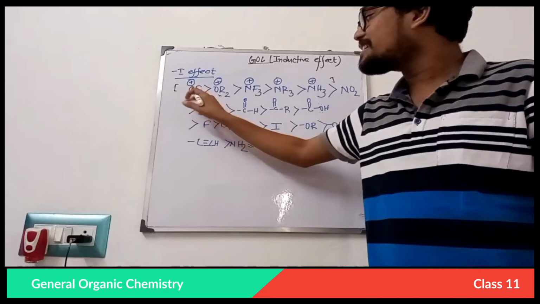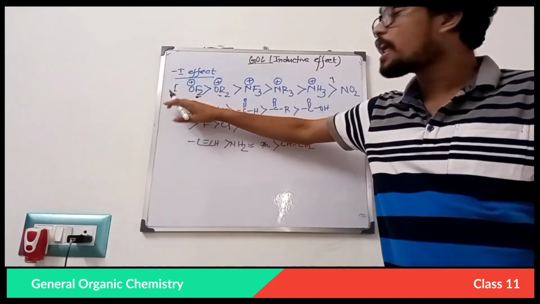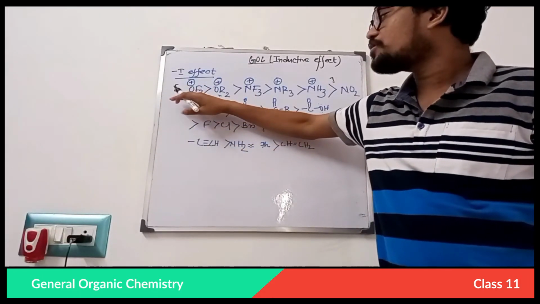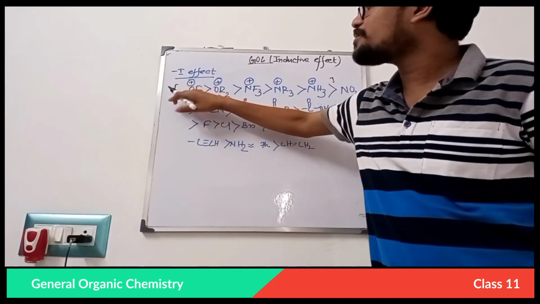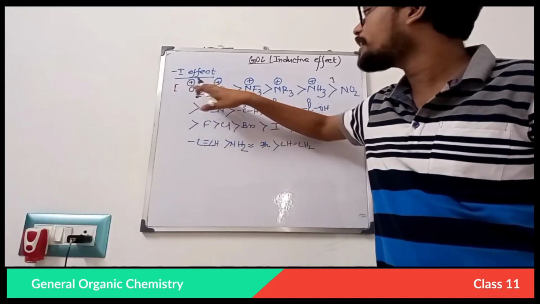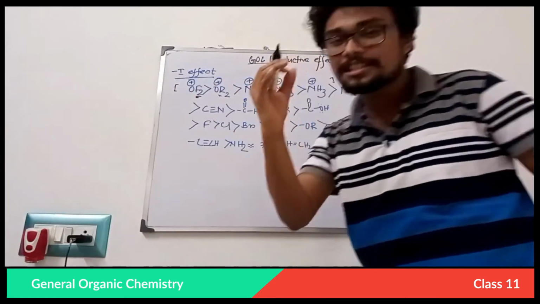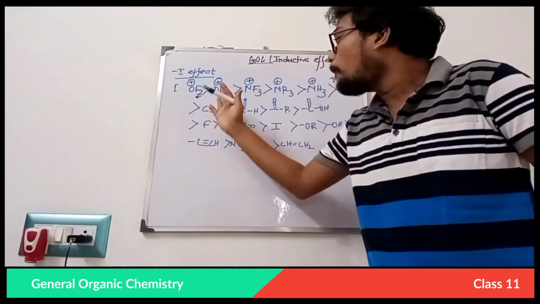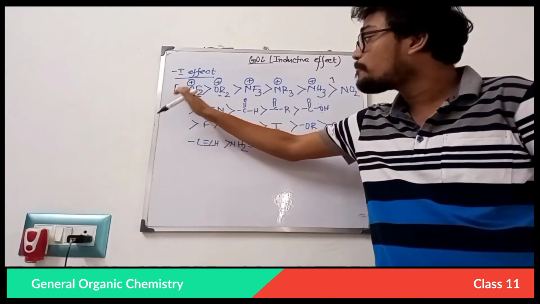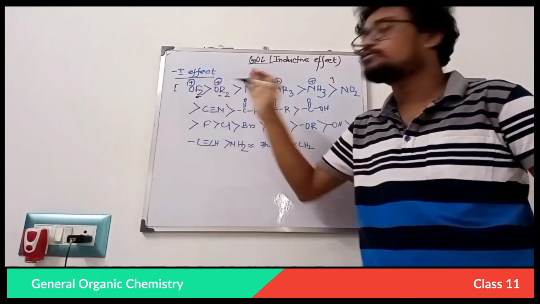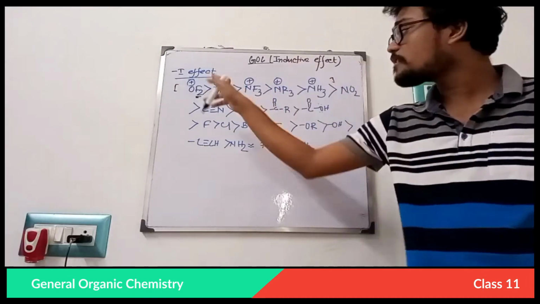So in this case the electron density becomes very deficient on the oxygen atom due to the presence of fluorine. But here the electron deficiency is slightly compensated by the plus I effect of the alkyl group. That is why OF2+ shows more minus I effect than this one. Understand? This is the first one.